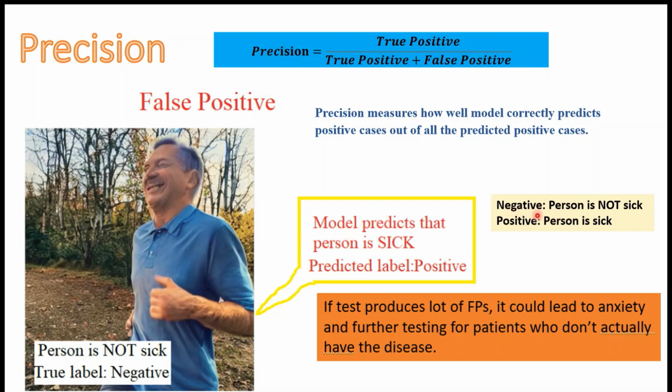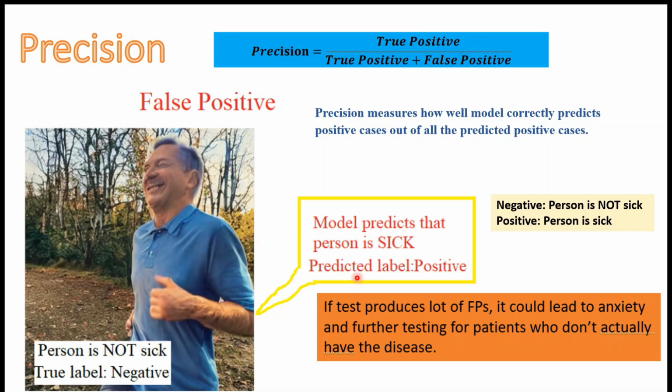Now in medical diagnostics, predicting whether the person has a disease or not is a binary case, where negative indicates the person is not sick and the positive label indicates the person is sick. Now what happens if more false positive cases are produced by the model?